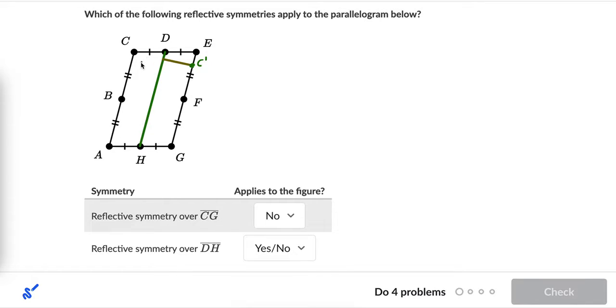If this were a reflective symmetry, this image would look more like a rectangle right here, rather than the parallelogram that we see. So the parallelogram is not a reflection across either of the given lines.